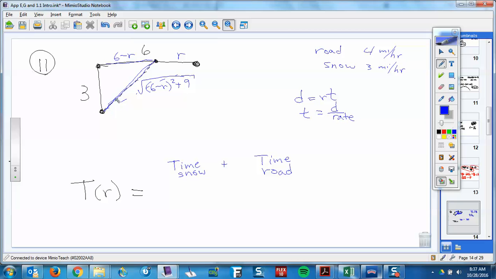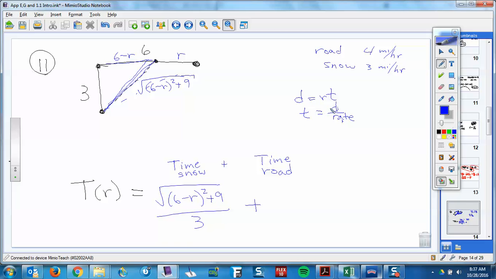So this is his distance in the snow. How do I get the time in the snow? Divide it, right? Take his distance, which is square root of 6 minus R squared plus 9, and divide that by his rate in the snow.